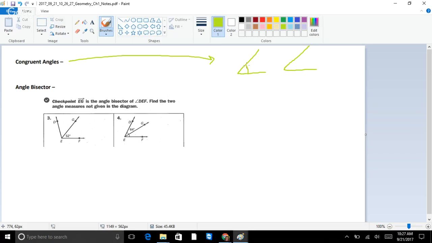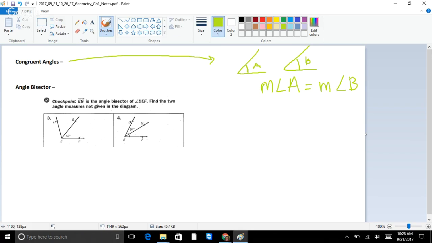Okay, and this is A and this is B, angle A and angle B. We would say that the measure of angle A equals the measure of angle B. Okay, so that would say that these two angles have the same measurement. So let's say that's 30 degrees. They're both 30-degree angles, right? So angle A is 30 degrees, angle B is 30 degrees, and they equal each other. So that's talking about the measurement.